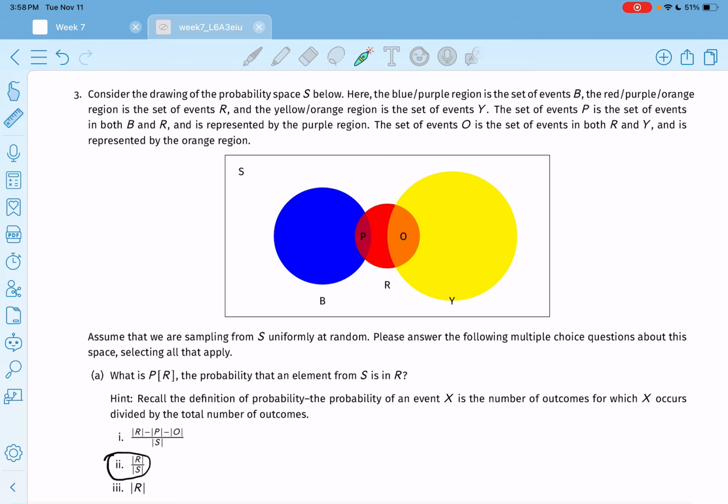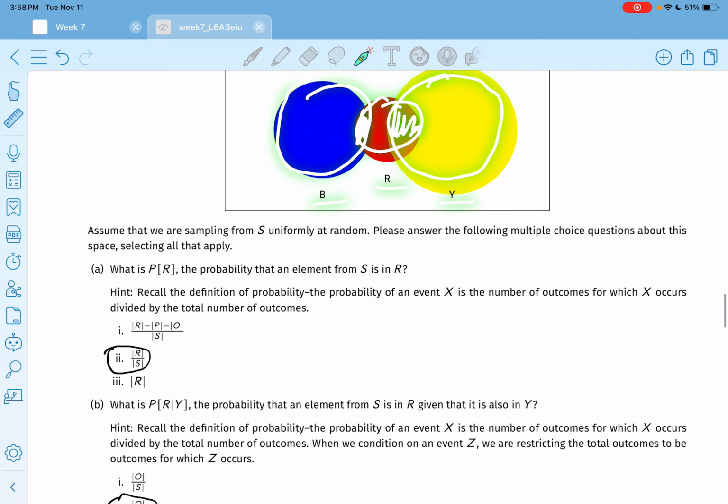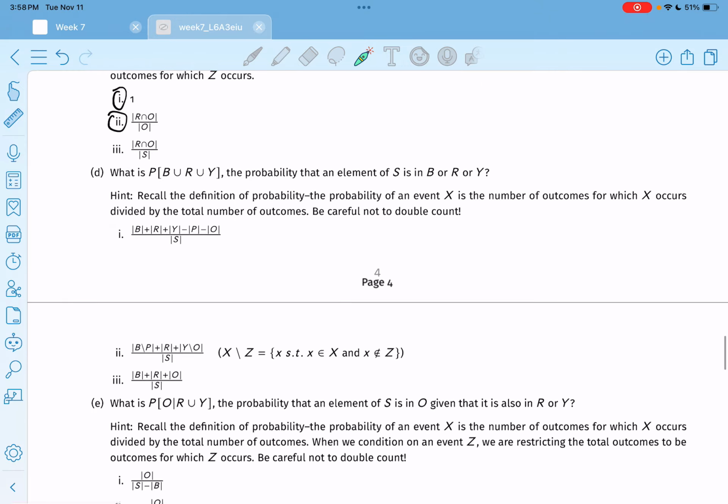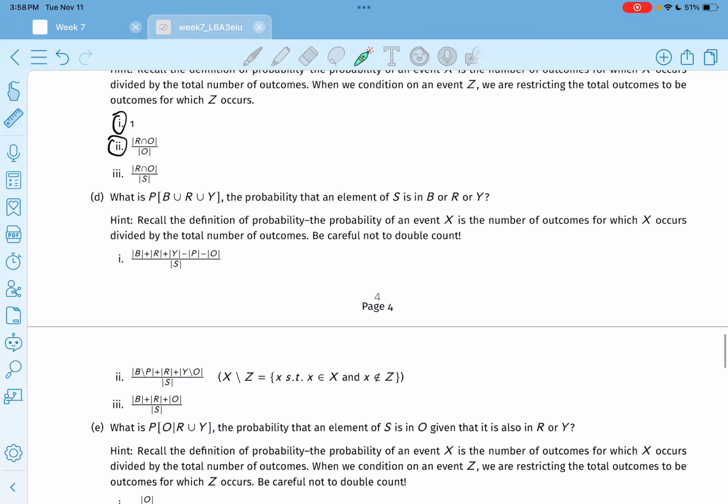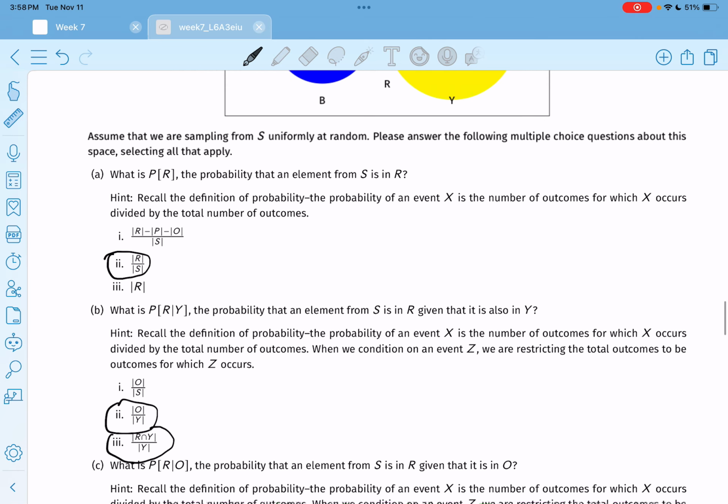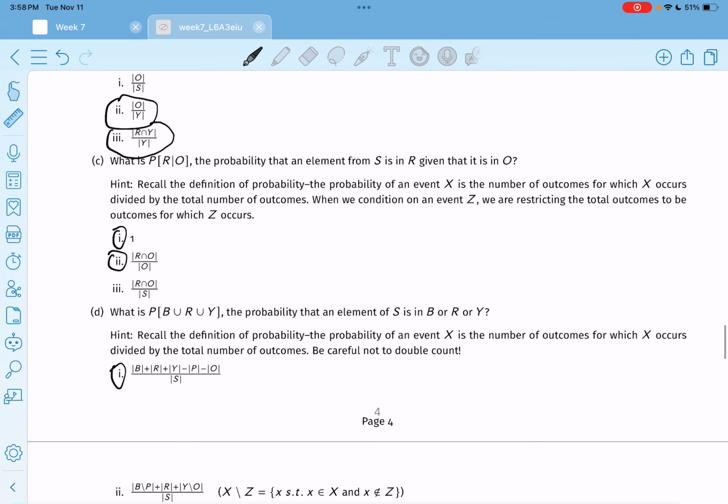If we want to calculate B union R union Y, we can just add those individual parts and then subtract the intersections, because we know we will double count them. If we use the inclusion and exclusion algorithm, it gives us 1. Because P is the intersection of B and R, and O is the intersection of R and Y, and there is no intersection between B and Y, so we can just ignore that part.